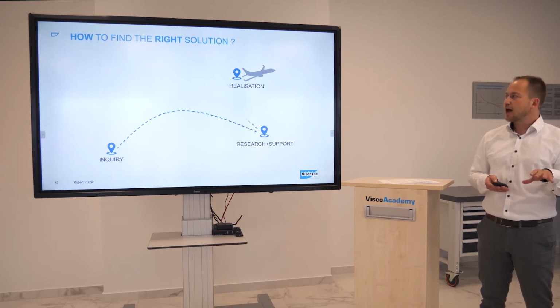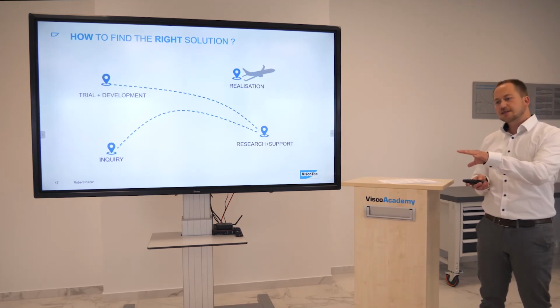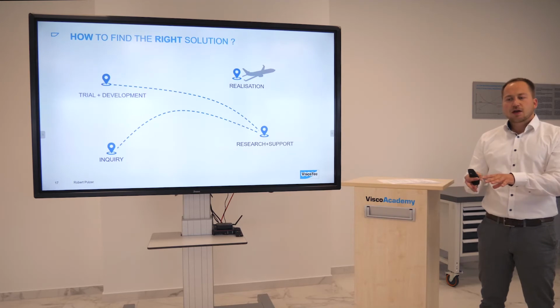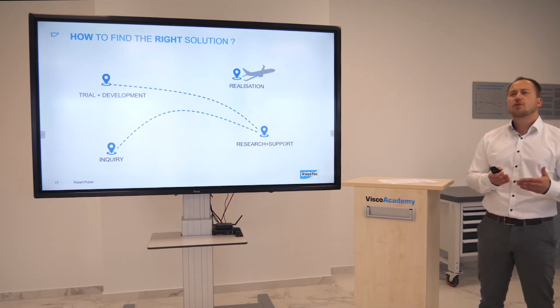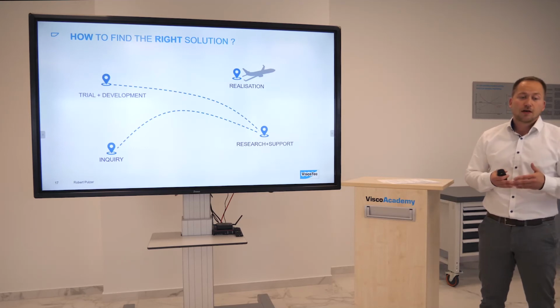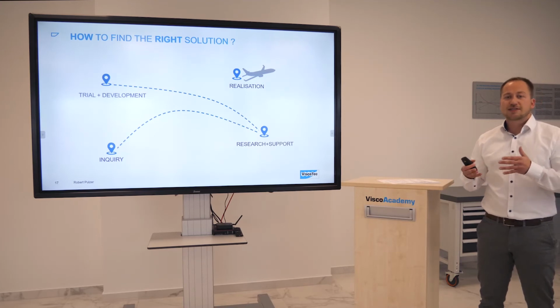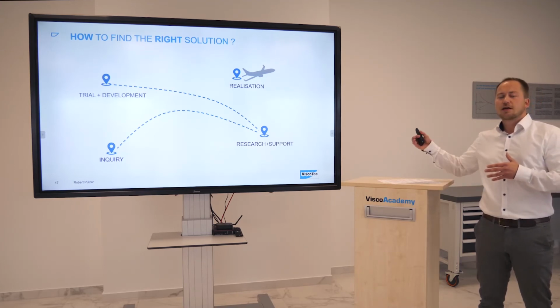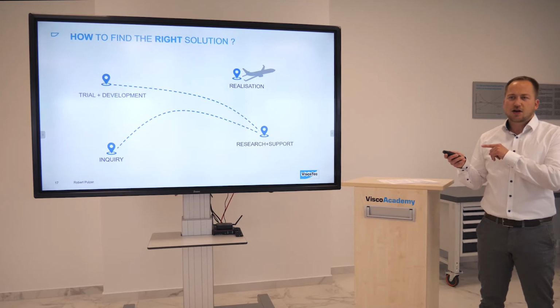We can make a trial in our laboratory with the customer, with his application, and we can find out if there are any hidden problems. Normally a milestone in the trials is to find out the first process parameters for the later realization.